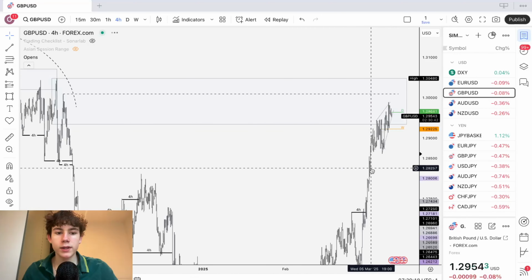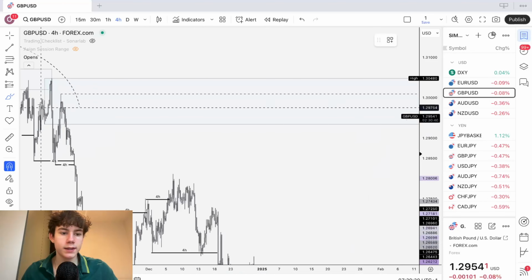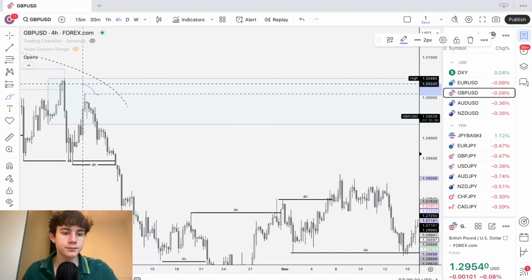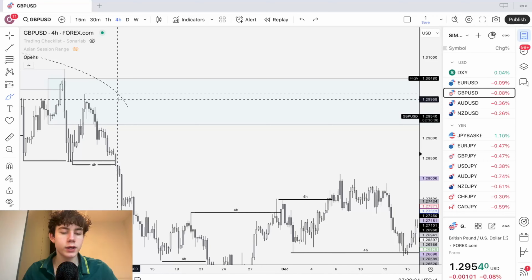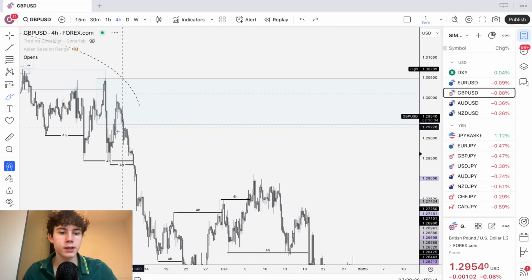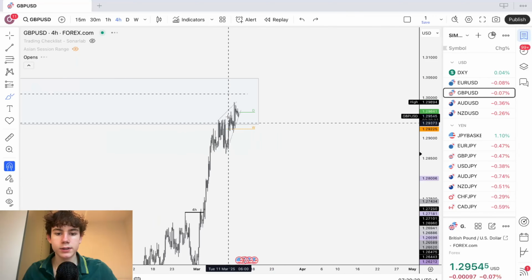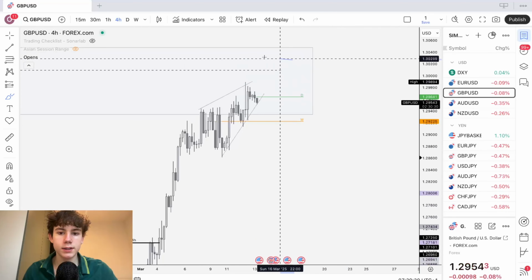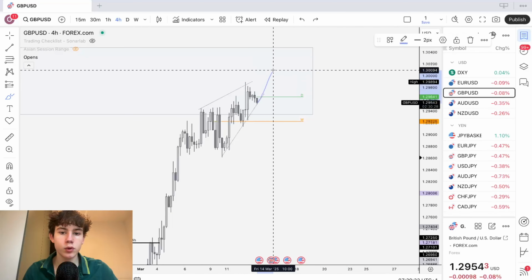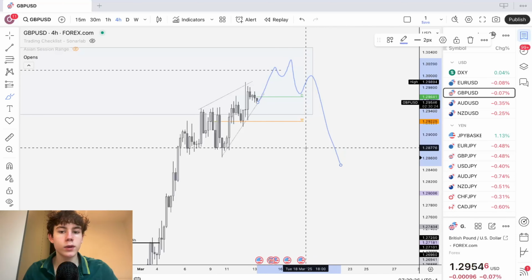So what I'm now waiting for is possibly this liquidity to get taken out, and then we can look for shorts again, right? So let's just see, that would be this liquidity, and if we get a move in towards that liquidity, then some confirmation, and then we could short.